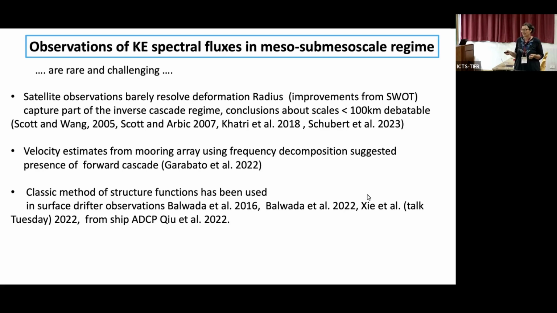It is a really nice idea to apply it to drifter data, because drifter data are unstructured and you cannot really use spectra, but we have a lot of drifter observations in the ocean. So we wanted to try it, but it is challenging to apply. We are going to use the structure function method on our drifters.